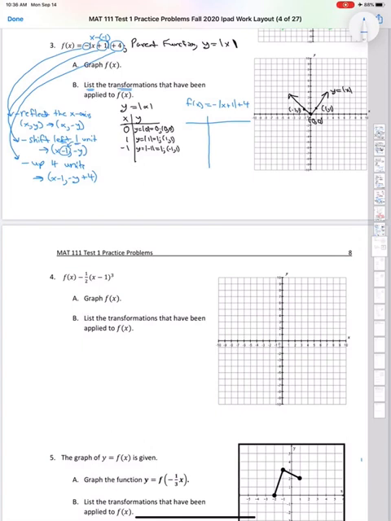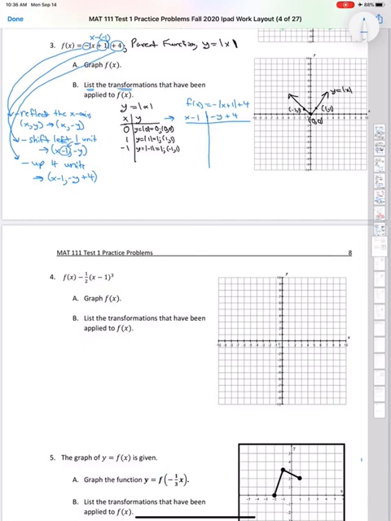As we build our ordered pairs, let's go over here and build a table of points. As we're translating this graph, where do these points move to? The x-coordinate is going to be x minus 1, and the y-coordinate is going to be negative y plus 4.